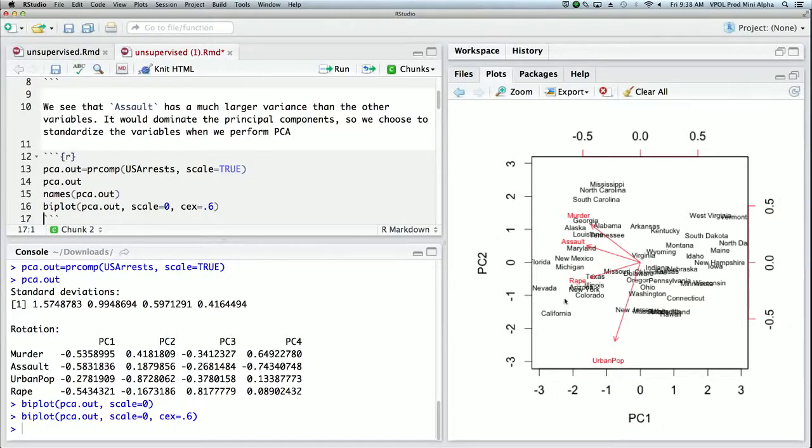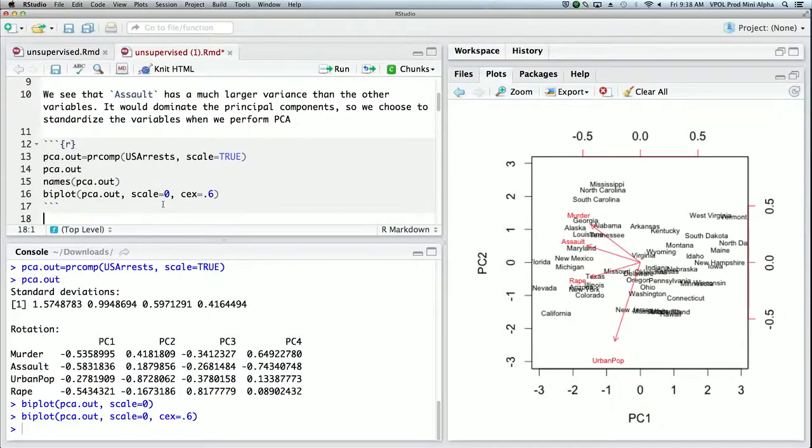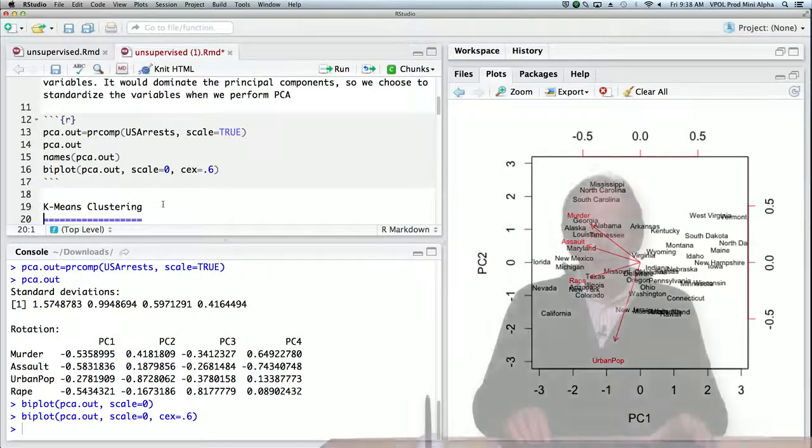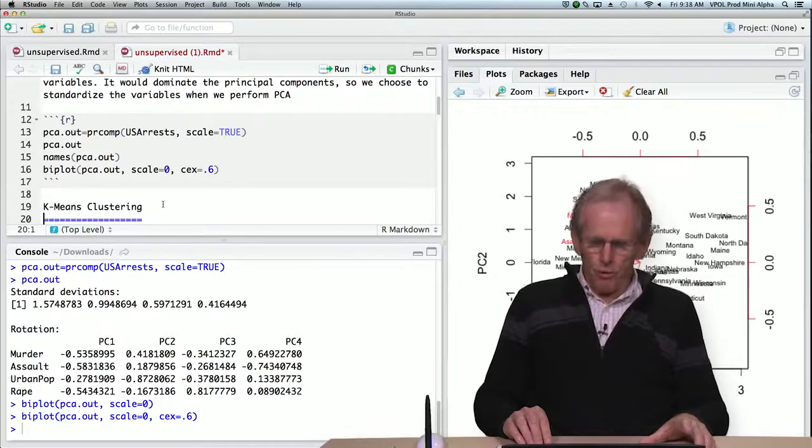Okay, so one plot, and you get to see a nice summary of the principal components. This is called a biplot, the word bi meaning both the loadings and the principal component scores are put in one plot. Okay, so principal components, very popular. I encourage you to learn more about them, use them, and incorporate them in your data analysis.